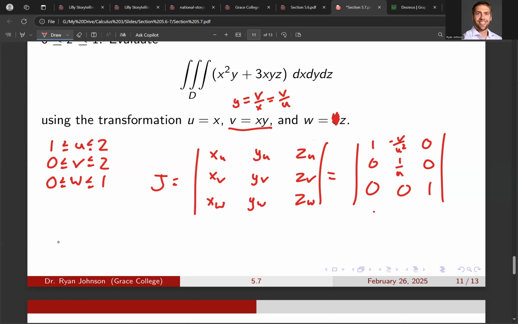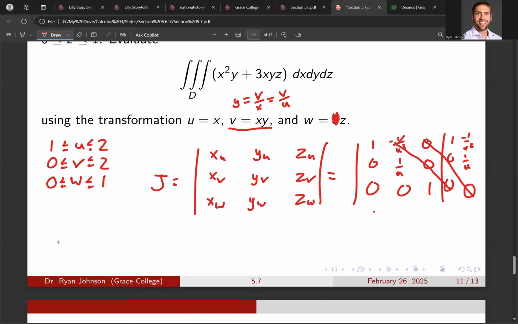So then, if you copy down the first two rows, there's only one diagonal that has no zeros.